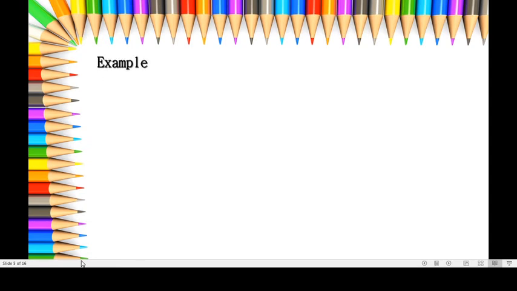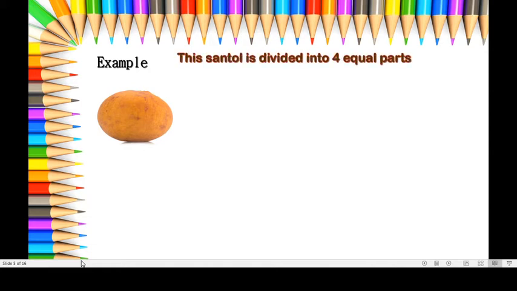Another example. What is this? This cake is divided into equal parts. And each part is 1/4 of a cake. 1/4, another 1/4, and another 1/4, and 1/4.